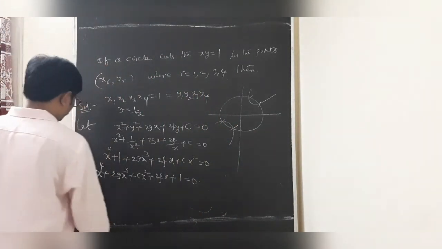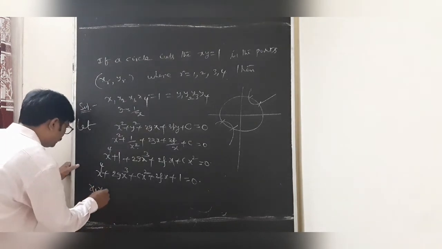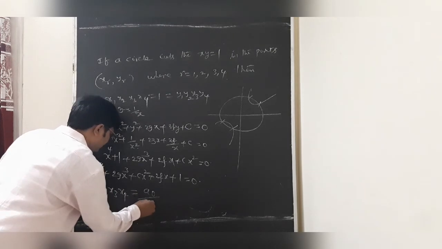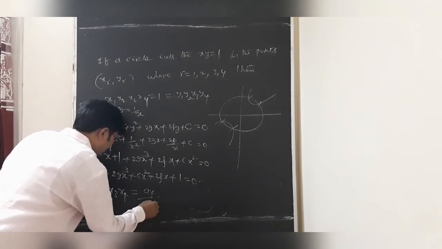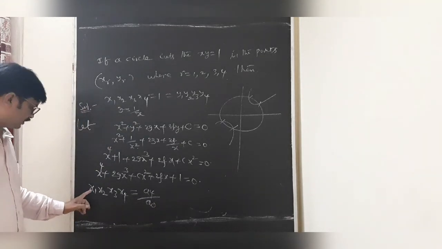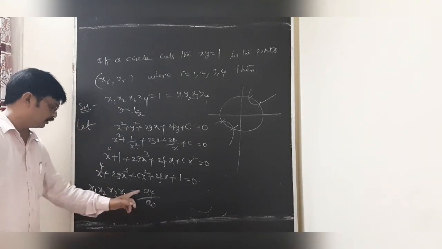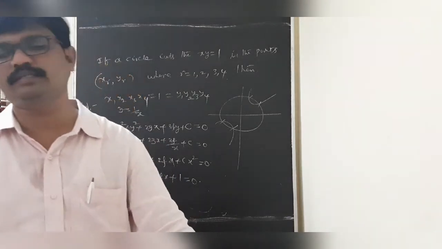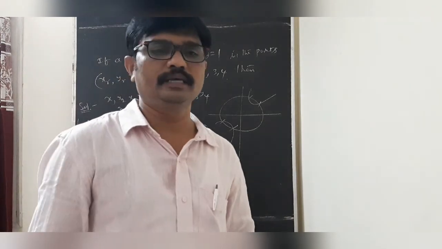So dear students, in theory of equations, the product of the roots x1 x2 x3 x4 is a4 by a0. The sum of the roots x1 plus x2 plus x3 plus x4 is minus a1 by a0.